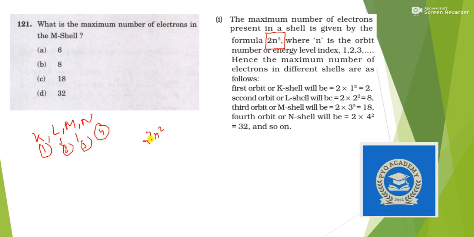So n denotes the number of the shell. If you put 3 in place of n, it becomes 2 times 9, which is 18. So our answer will be 18. This is directly given in NCERT. For the fourth shell it will become 2 times 16, which is 32. Very easy question.